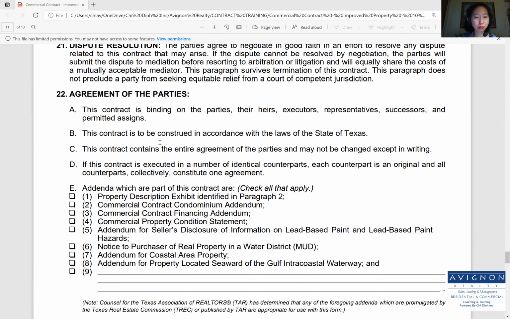This contract is to be construed in accordance with the laws of the state of Texas, and this contract contains the entire agreement of the parties and may not be changed except in writing. And this contract is executed in a number of identical counterparts. Each counterpart is an original, and all counterparts collectively constitute one agreement.